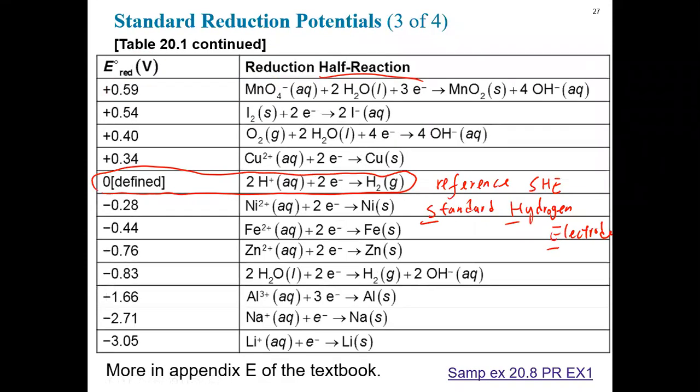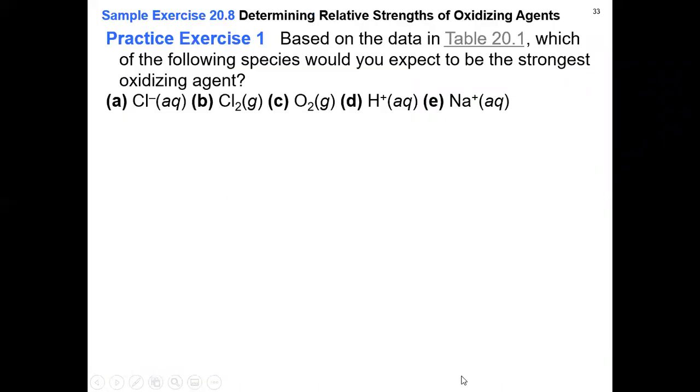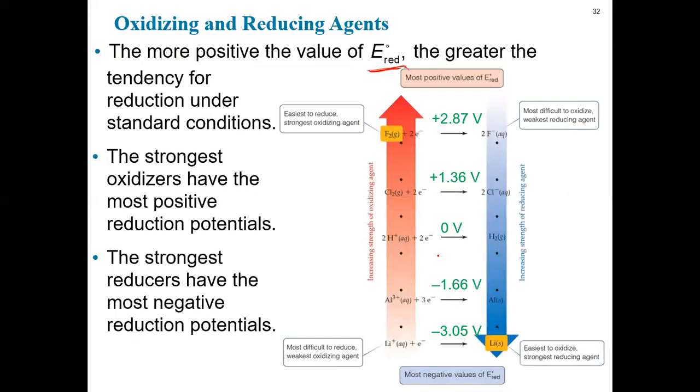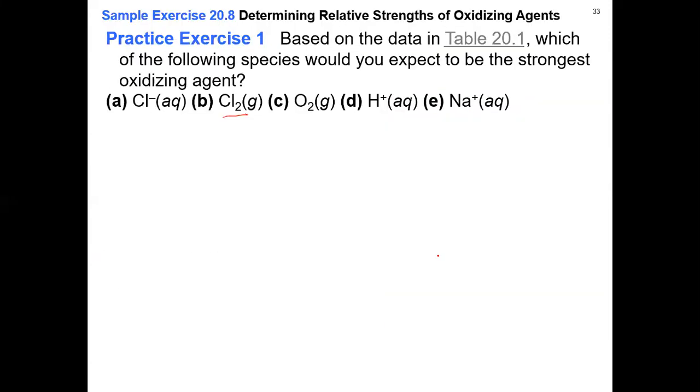Then H plus is standard, and sodium is here, so we have weaker and weaker oxidants. Therefore, going back, our strongest oxidizing agent will be that.